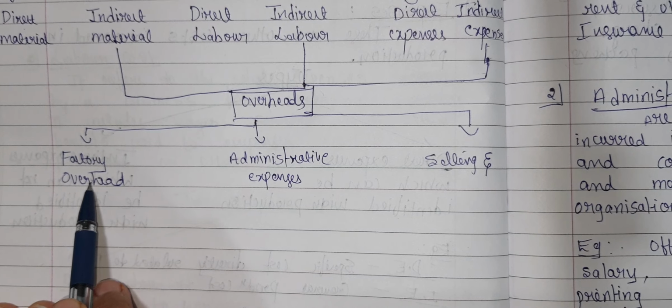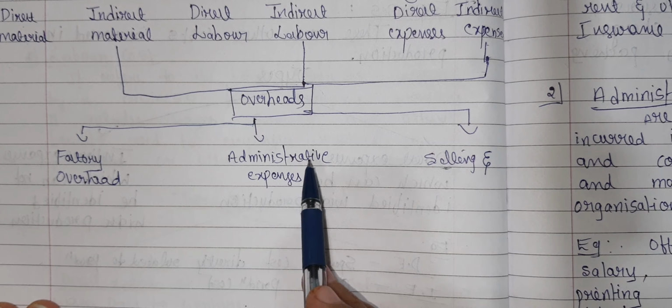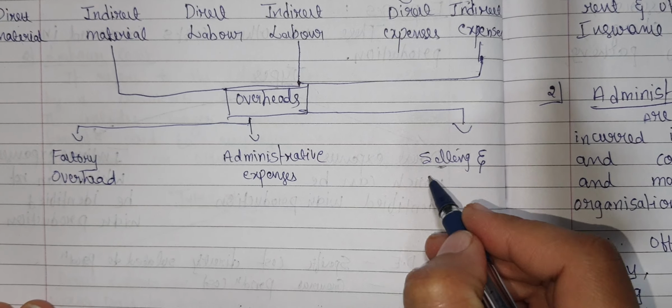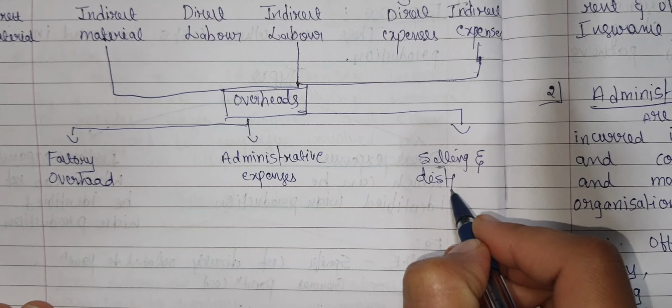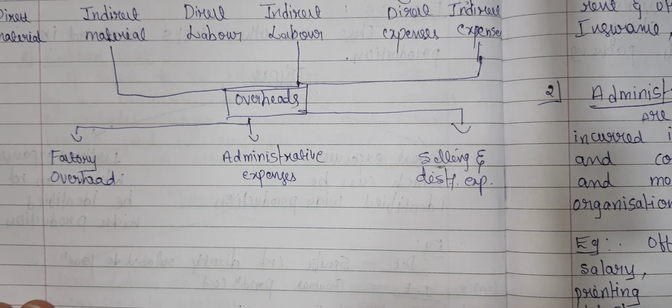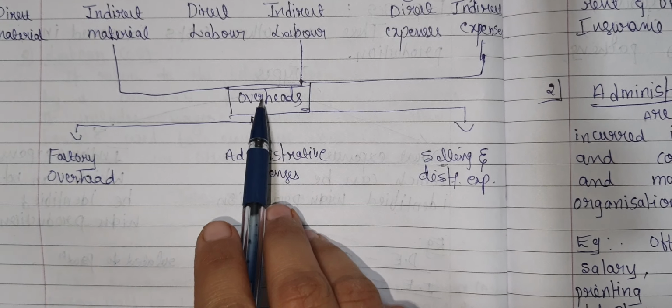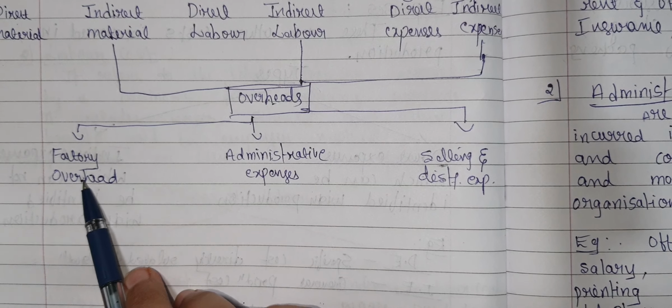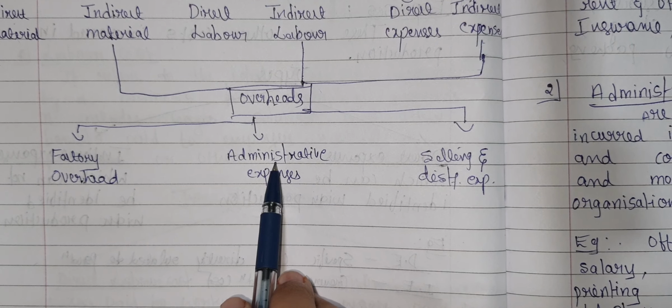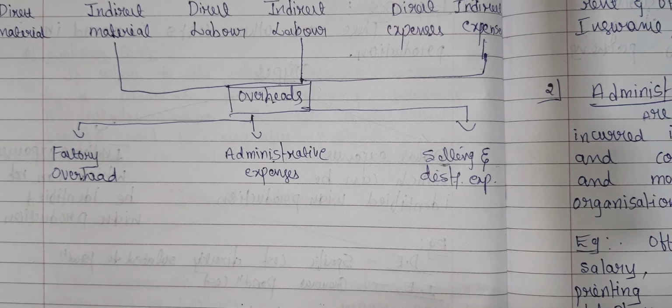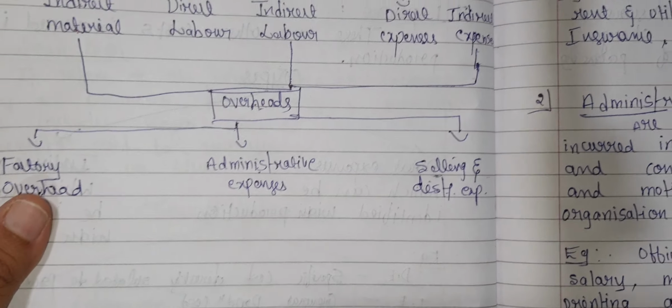First one is factory overhead, second one is administrative expenses, and third one is selling and distribution expenses. Okay, in overheads there are mainly three types: factory overhead, administrative expenses, and selling and distribution expenses. Now let's see one by one.